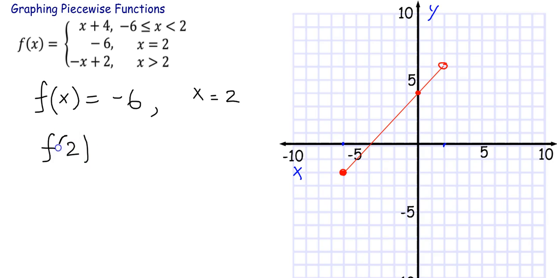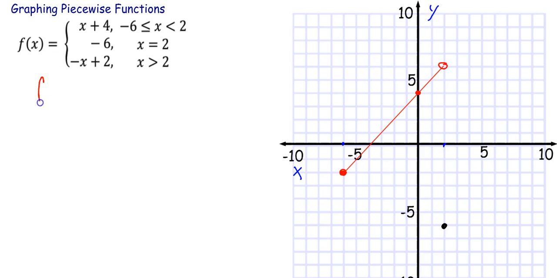So the point is 2, -6. For x value 2, positive 2, y value is -6. So go all the way down by 6, 5, 6, and that is a solid dot. So you are done with the second part. This is it.